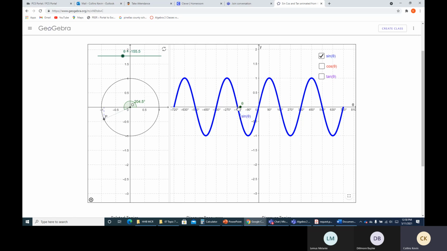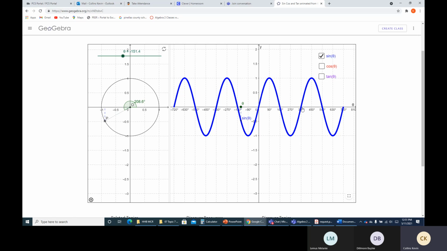When we're at 180, we're at 0 again. And then back to 0. So you can see here they're doing it by degrees, and then they could also do this by radians. So every 360 degrees here would be 2 pi for radians.